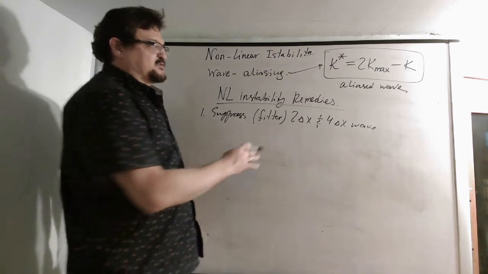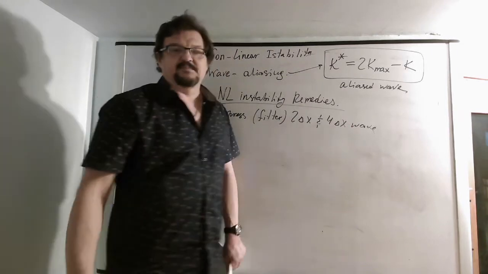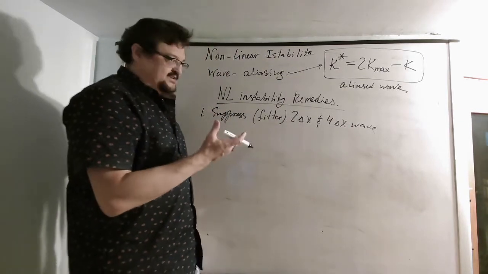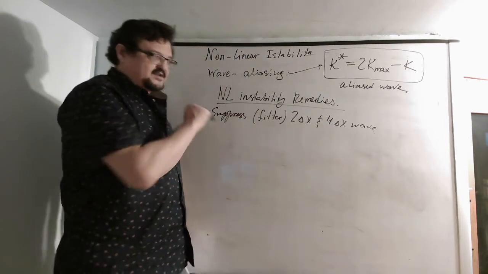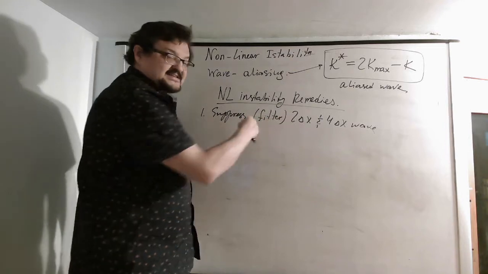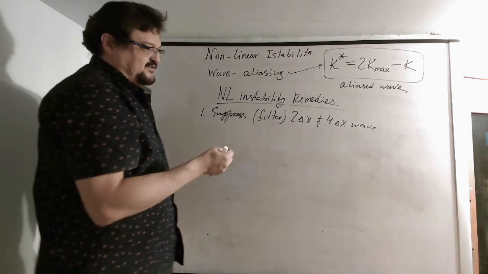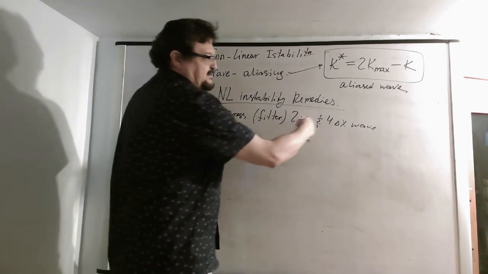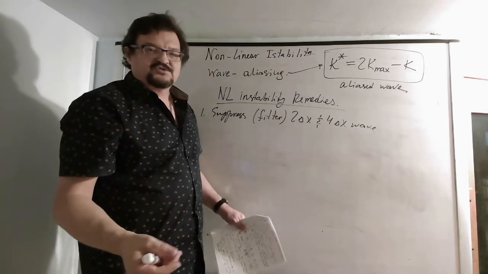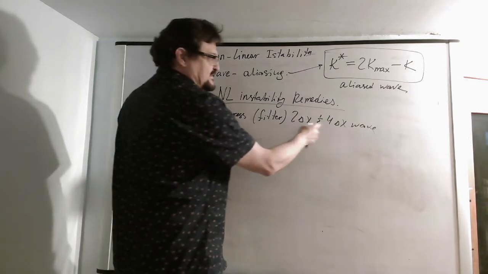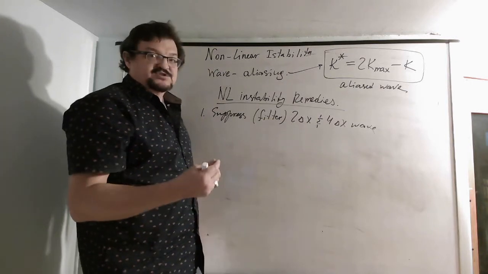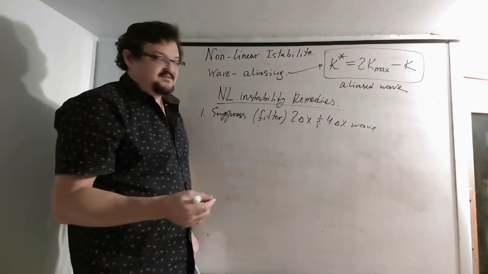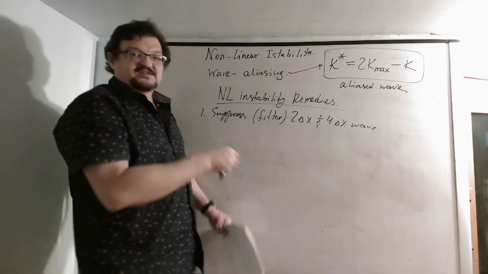But it doesn't mean that you completely remove them, because they're part of the solution, needed for the Fourier decomposition of your solution. If you remove 2 and 4 delta x waves entirely, it means that effectively you're running on a grid which is 4 times coarser than your actual grid. So you're basically wasting all this computer time.